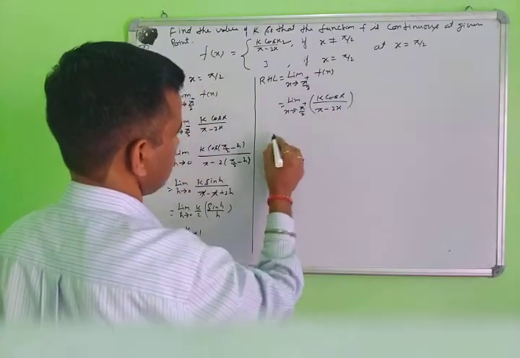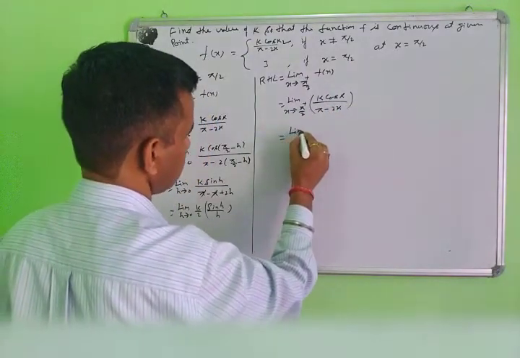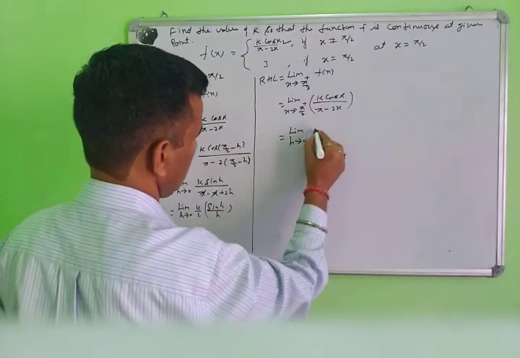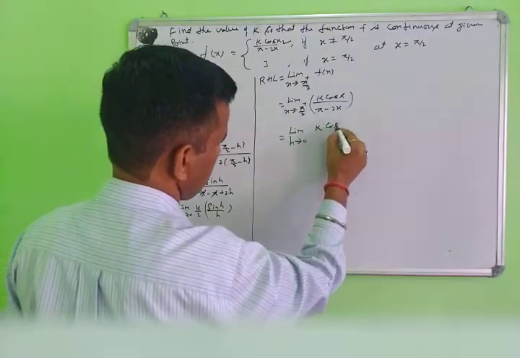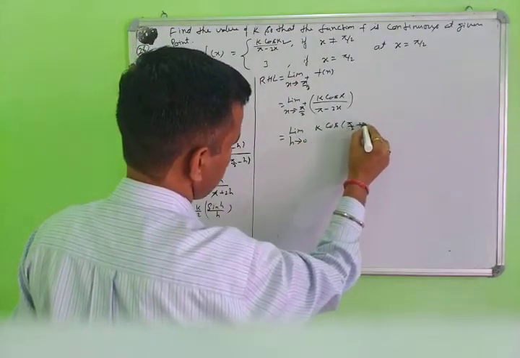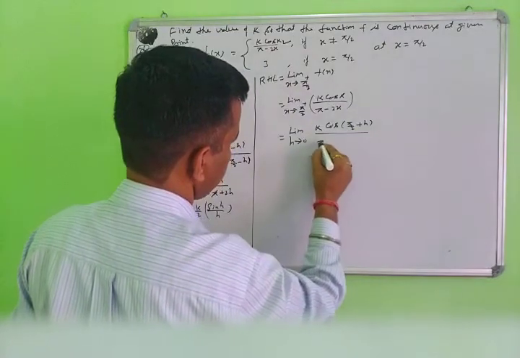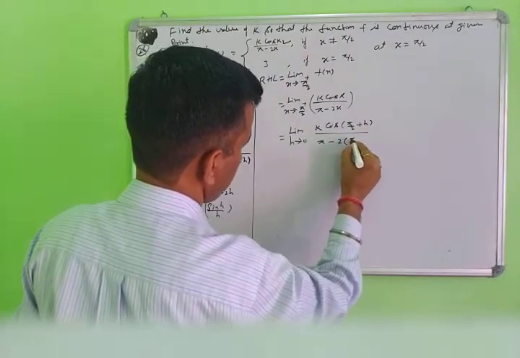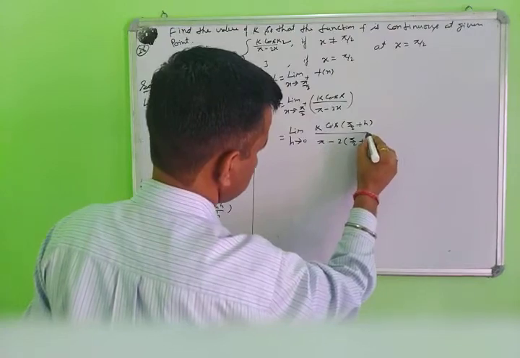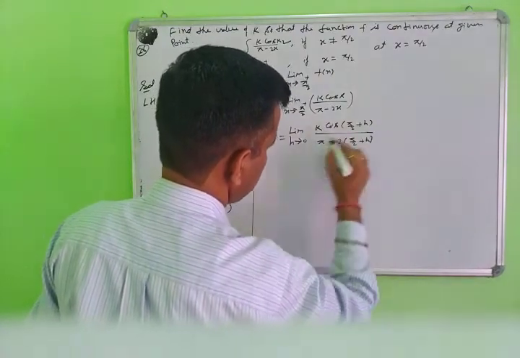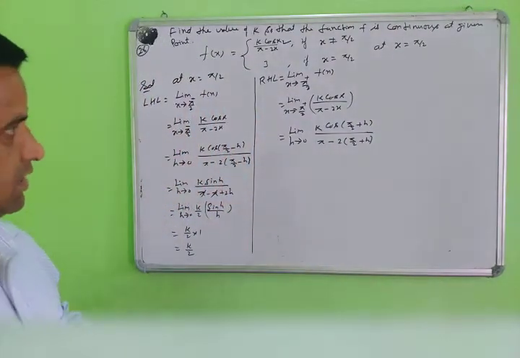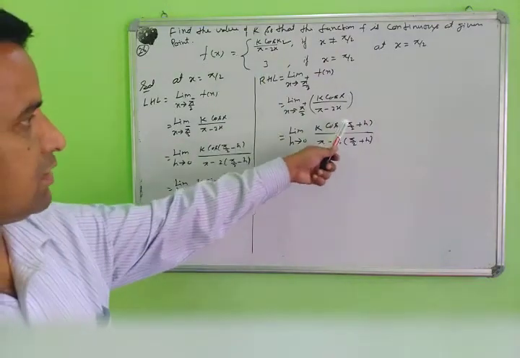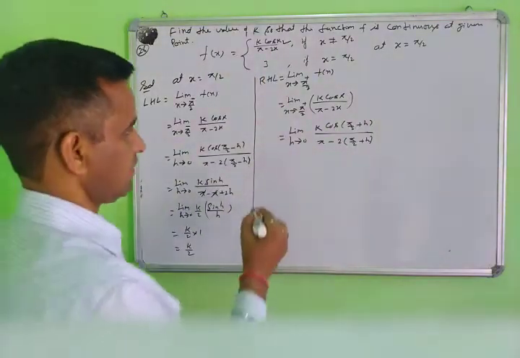Limit h tends to 0, k cos(pi by 2 plus h) and pi minus 2(pi by 2 plus h). Look here, for the RHL limit we are using the plus sign.